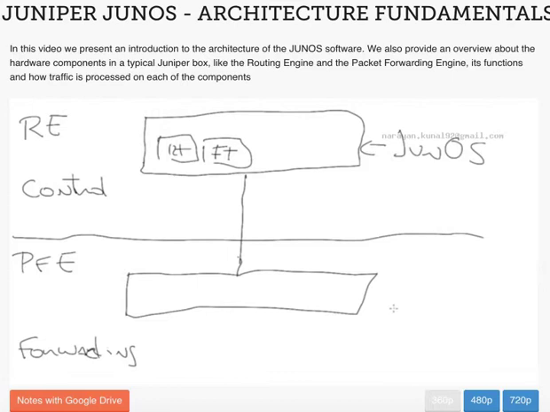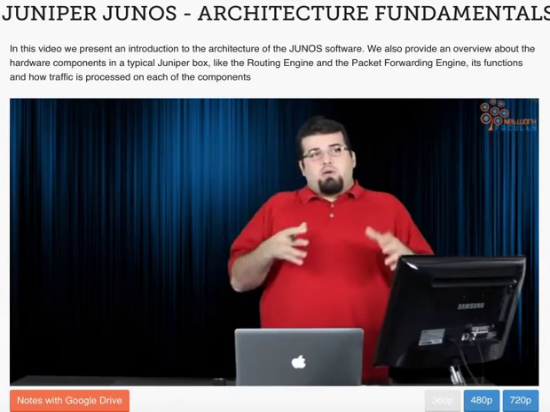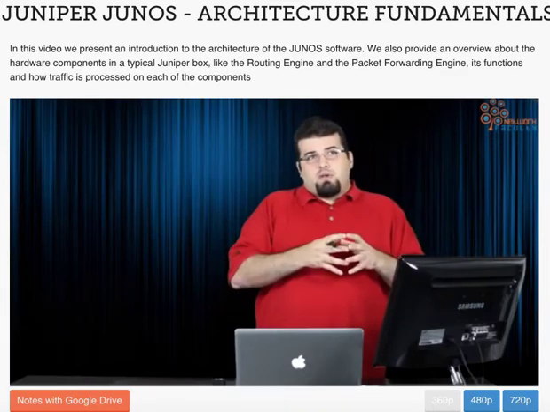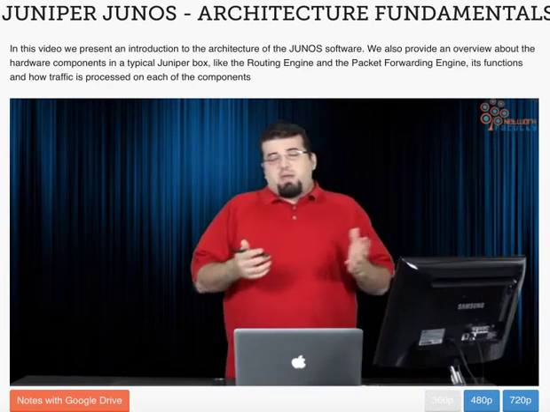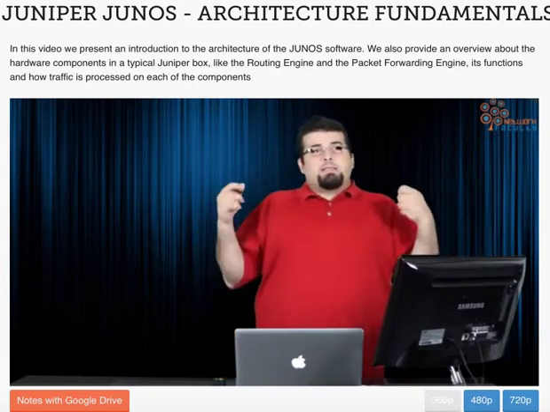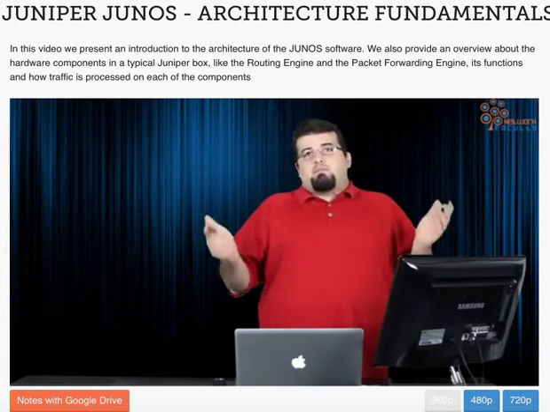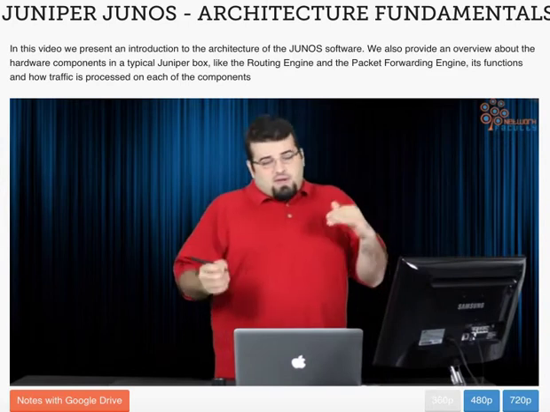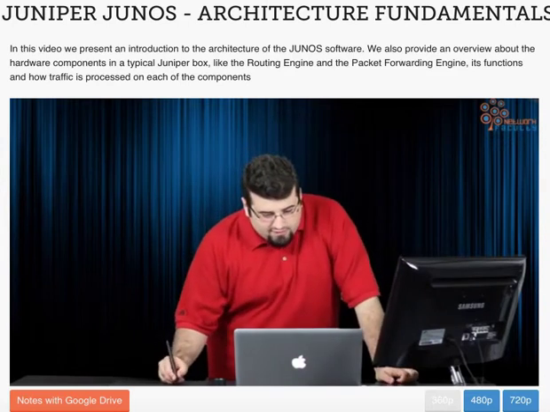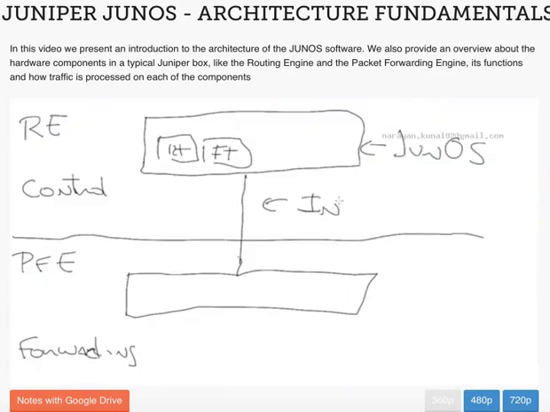So the PFEs also have some functions that are done in the actual line card to help be able to move more traffic in a more efficient way. So think about it. If you have like a chassis system and you have a line card that has 10 gig ports, then imagine that you are pushing all of that traffic. If that traffic, for example, in this part of the diagram, this is an internal link.